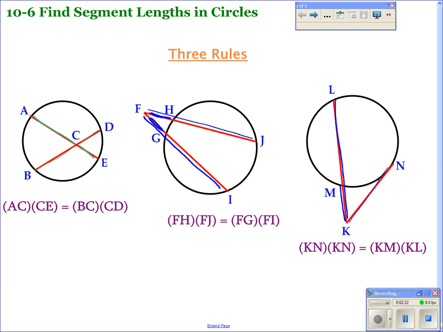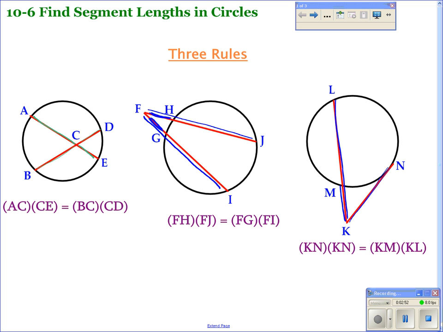So we take Kn times Kn. Those are the three rules with segments. Those are the last three that we're going to learn for this chapter.